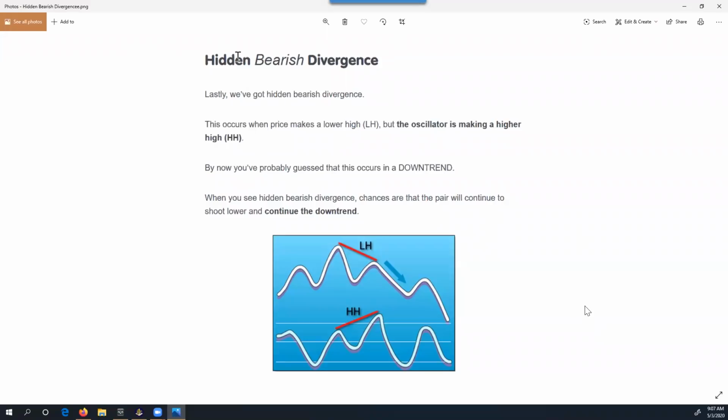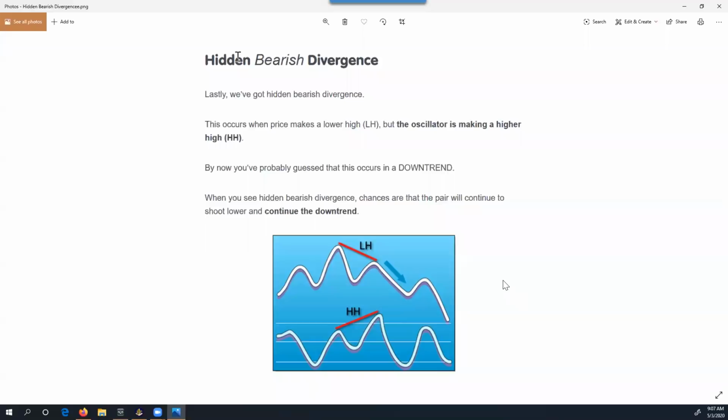And if you go to babypips.com and you just search for hidden bearish divergence, there's more verbiage there about it. But what they basically say is this condition of hidden bearish divergence, where the oscillator will make a new high, but price cannot, is something that indicates that it is time for the downtrend to resume.